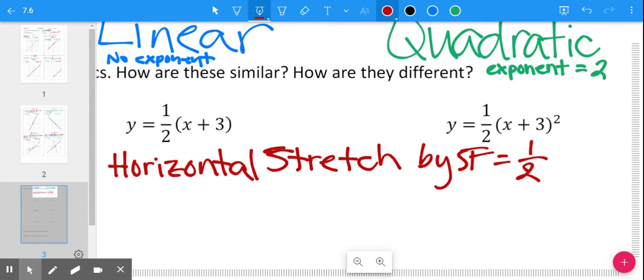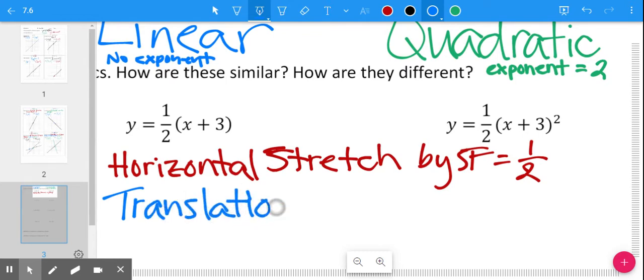Now inside the parentheses, the inputs are changed. And remember, when it's inside, you change your thinking because it's not going the direction your brain wants to tell you. So when it's plus 3, it's actually moving left. So it's a translation left 3. So the only difference between those is that one is linear and the other is quadratic.